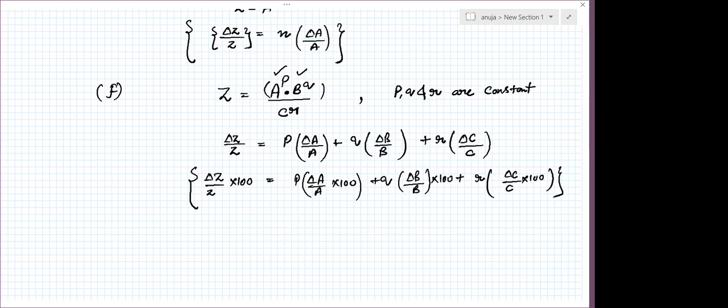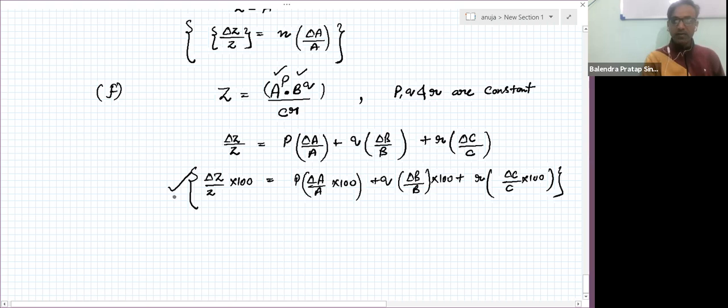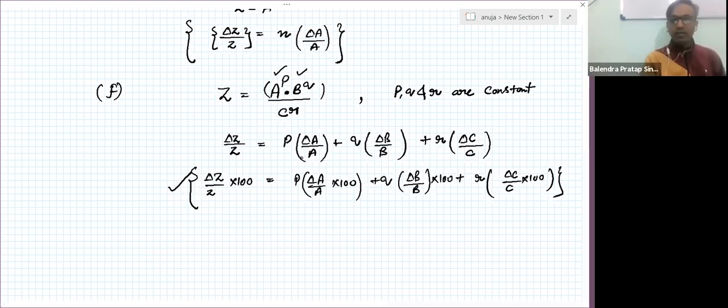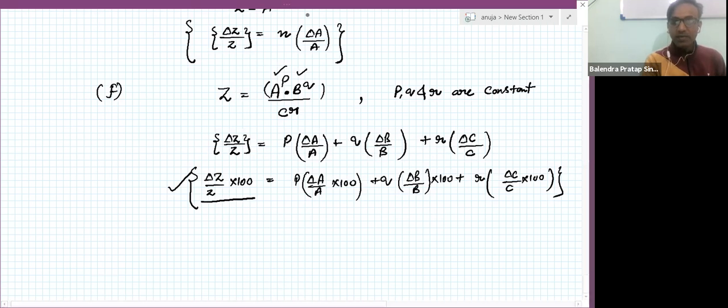Sir, the last line you wrote is the formula, right? Which one? This last line here. It shows basically the percentage error. The earlier one is the formula for relative error, and this is for percentage error.